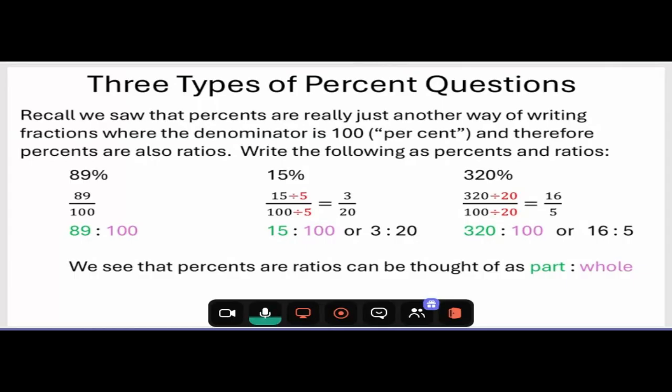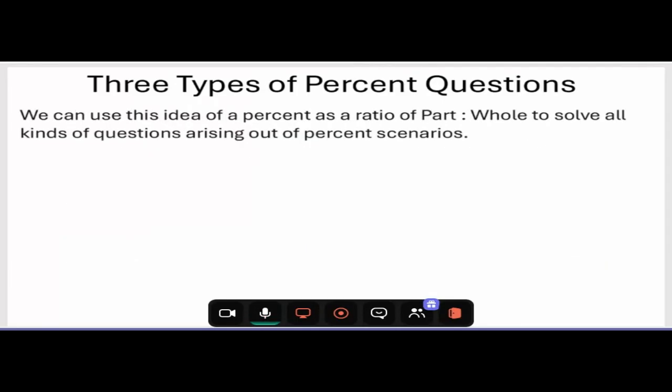So the green, the percentage, is the part out of the whole 100. So if we take that idea that a percent is a ratio of a part to the whole, we can solve all kinds of questions that come up out of percent scenarios.